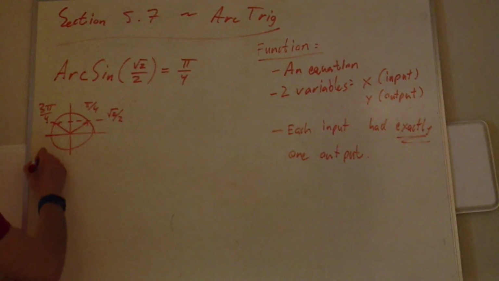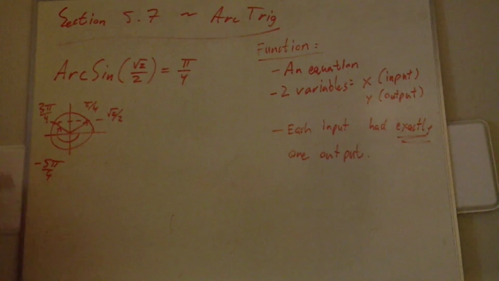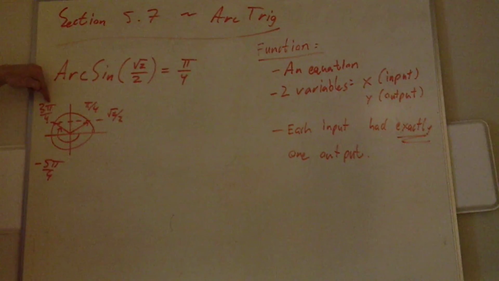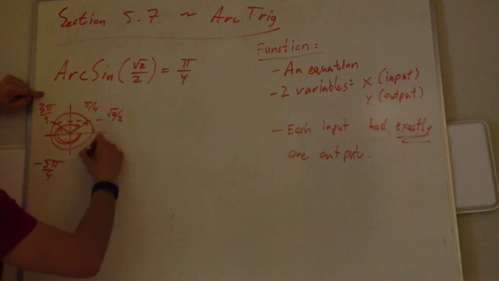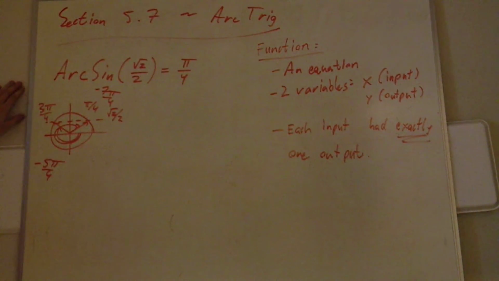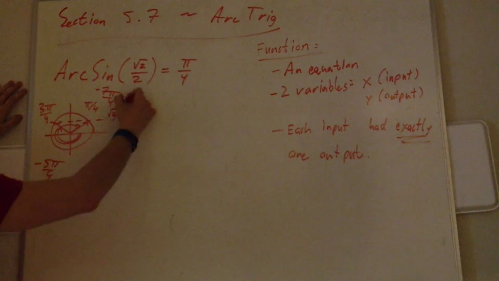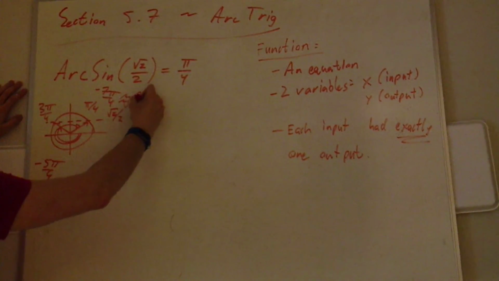If you go around this way, it'll happen at negative 5 pi over 4. It's going around like this. It'll be coterminal with this 3 pi over 4. If you want to go all the way around, you could say negative 7 pi over 4 is coterminal with this, going backwards. You could start doing laps. You could say it's 9 pi over 4, coterminal with 9 pi over 4.